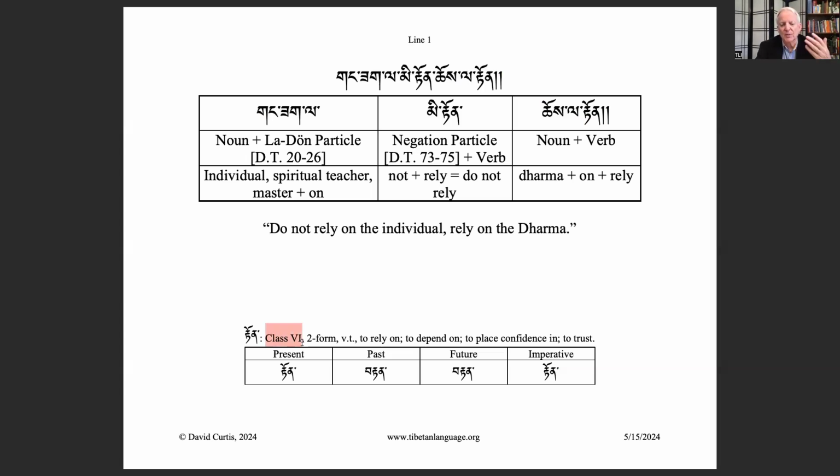So we can go into the 8 classes of verbs on another occasion. And then further on, after the class 6, we say that it's a 2-form verb. So then we can refer to these 4 boxes down below. Unlike some languages where there's over 100 different forms and spellings of a single verb, Tibetan can only have 4 as a maximum.